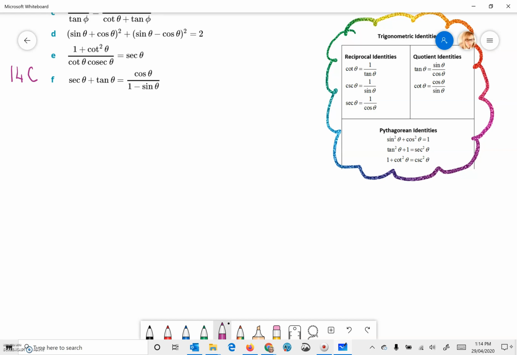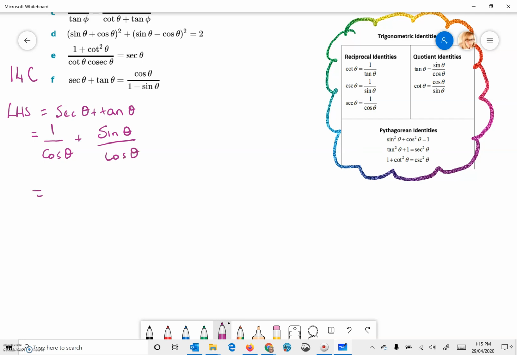So we're going to start off with, let's have a look at the left-hand side. And we'll just do our normal little expansion. So sec, of course, is 1 over cos theta, plus tan is sine theta over cos theta.